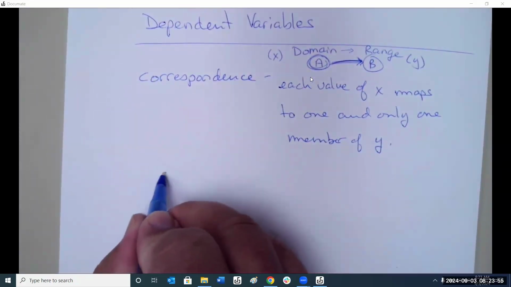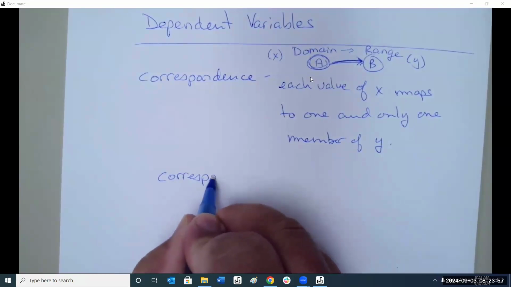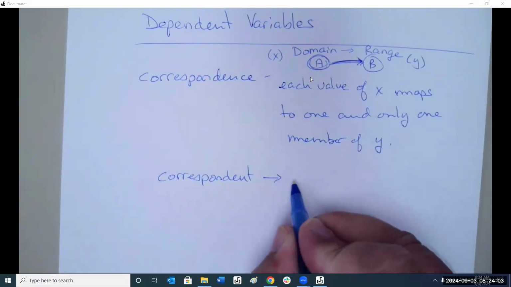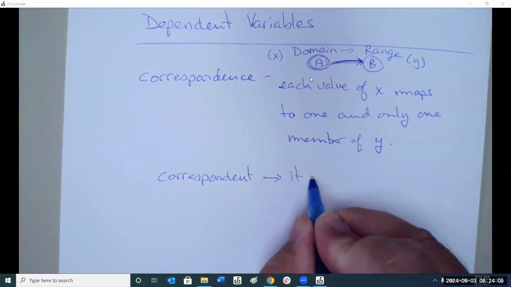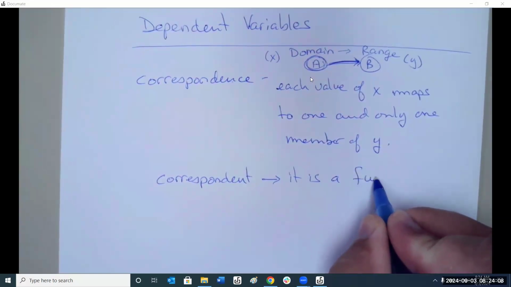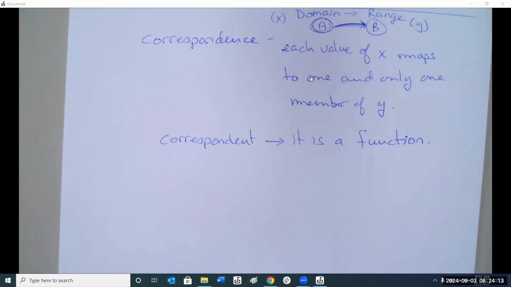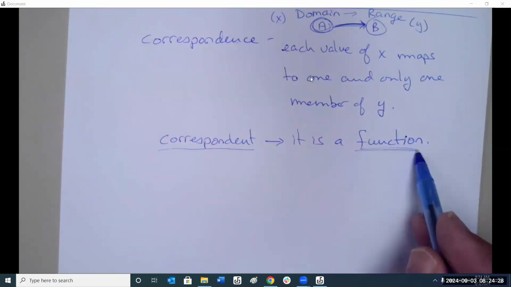Why is it important? When you do have a correspondence, then it is a function. So if the relationship between the x and y is a correspondence, then it is a function.